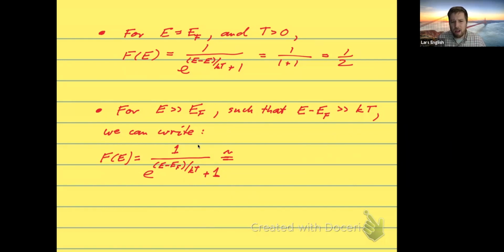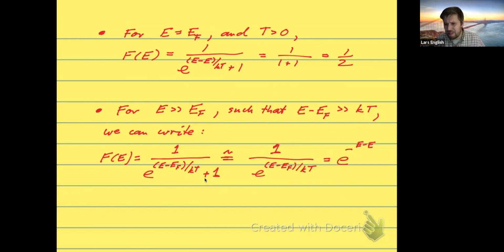This is the exact expression, but if E minus E sub F is much, much larger than kT, then this becomes a large number. It's probably okay to neglect the +1 in that case. If this number is already 1,000, well, 1 over 1,000 is not very different from 1 over 1,001. So we can drop the +1.